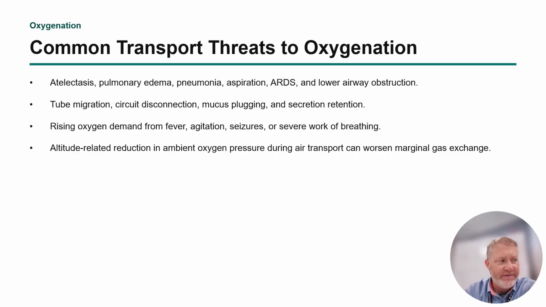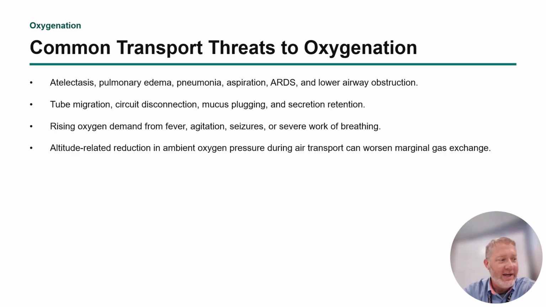Other things like fever, agitation, and high work of breathing can increase oxygen demand. And for air transports, lower ambient pressure at altitude can worsen marginal gas exchange within the lungs. So oftentimes we need higher FiO2s when we are higher in the air to help overcome and compensate for the altitude change. That has to do with the alveolar oxygen equation, the PAO2 equation, but I will spare you guys that.